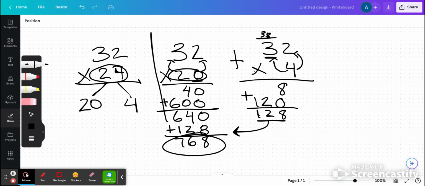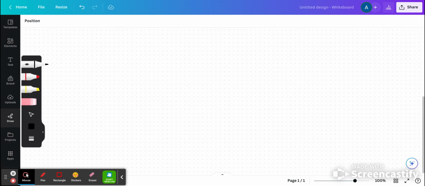On this one, you're going to be pausing the video at certain points and trying the steps yourself, and then you can unpause and watch and see if you got those steps correct. All right, in this problem, we are going to do 45 times 32.